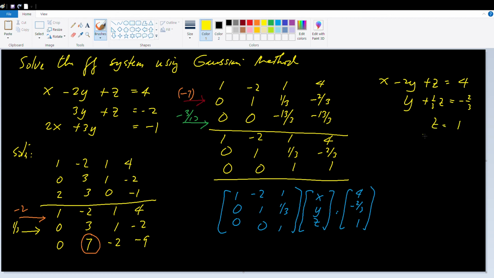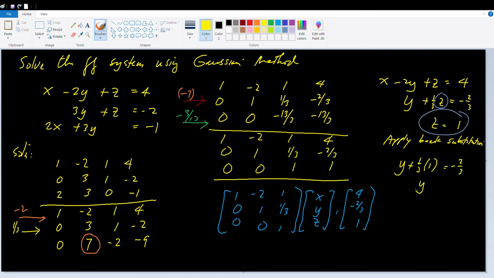At this point, we're going to apply back substitution. Since z is equal to 1, we substitute this value to z in the equation above. So we'll be getting y plus 1/3 times 1 equal to -2/3.